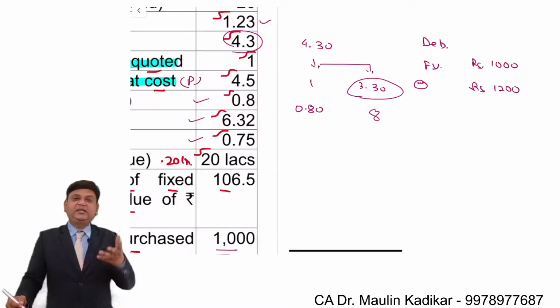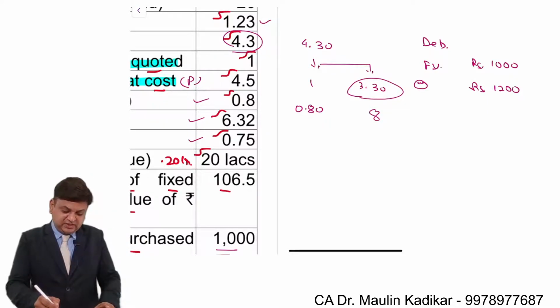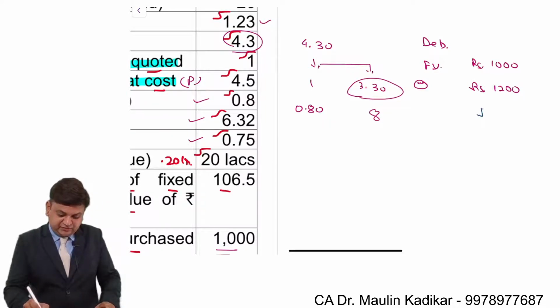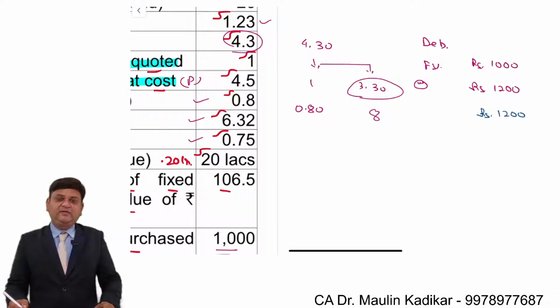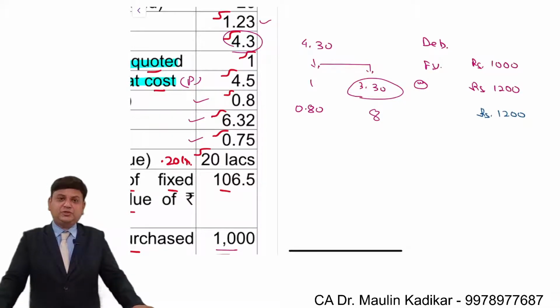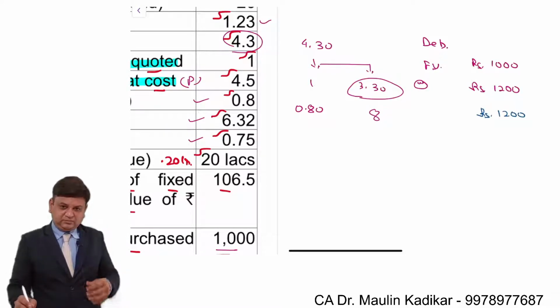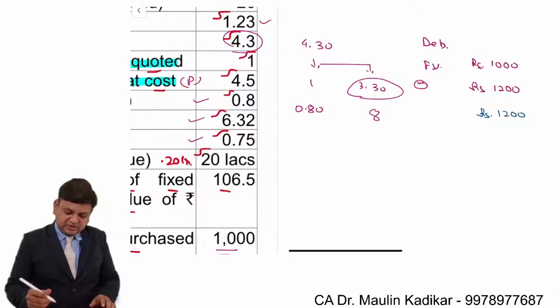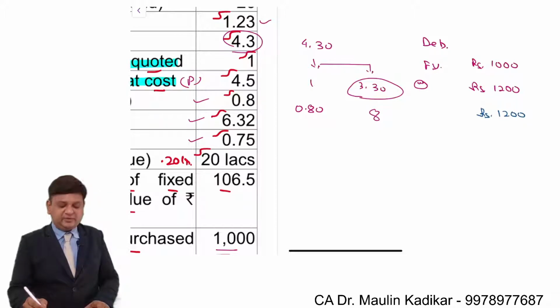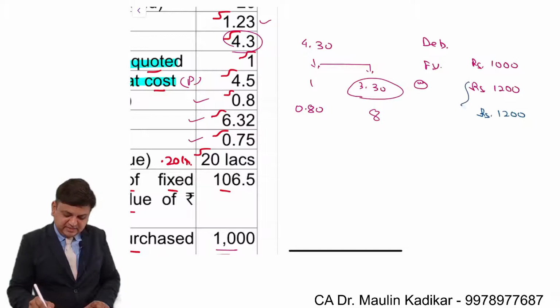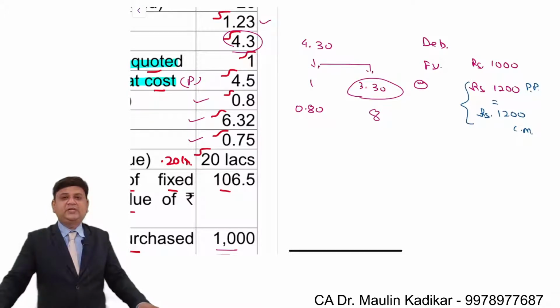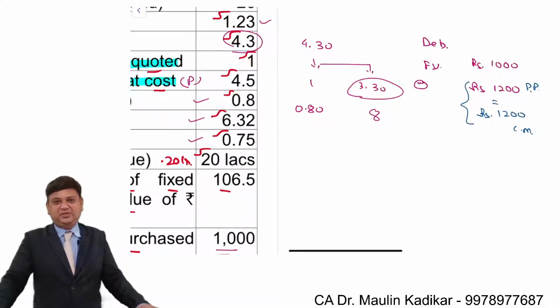And let us say that at the end of the year, the value of the debenture is rupees 1200 itself. In that case, whether we are supposed to do any revaluation of the debenture, that is my question to you. This security is not required to be revalued. The reason behind that is the purchase price and the current market price, both of them are same. So it does not require any revaluation.